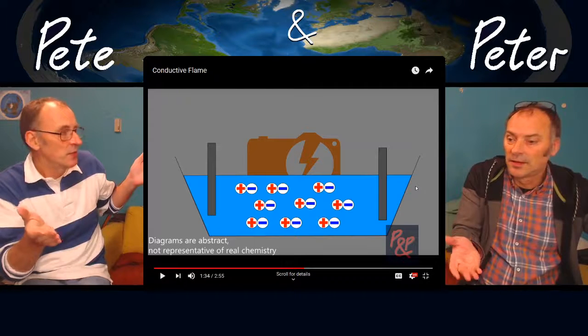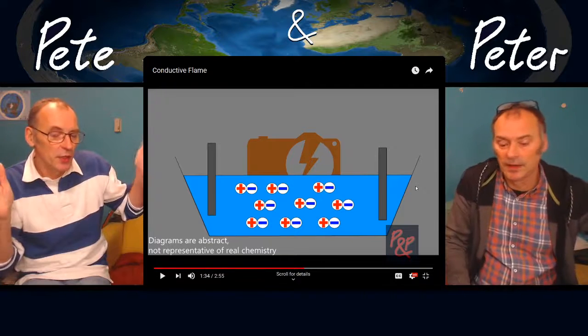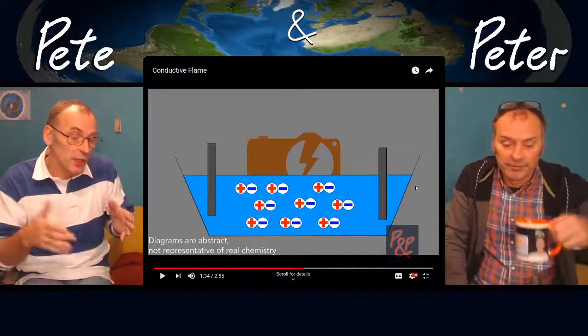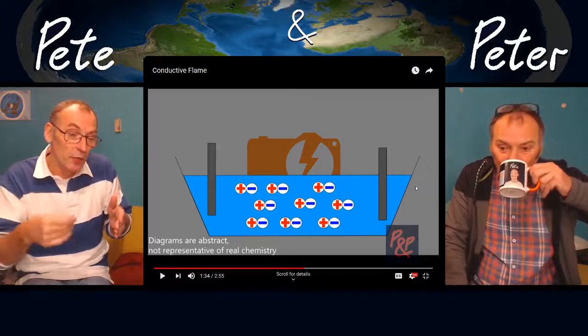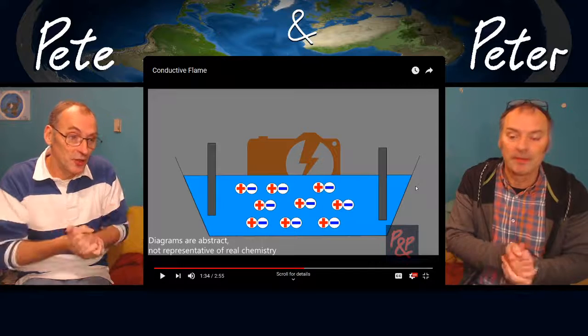It's independent. It just carries the impurities. Or it's a medium in which the impurities can exist and flow and move to their respective electrodes. Absolutely. Because it's the impurities, in this case probably dissolved salts, that conduct the electricity. Of course, not the water. The water is totally independent of the whole process.